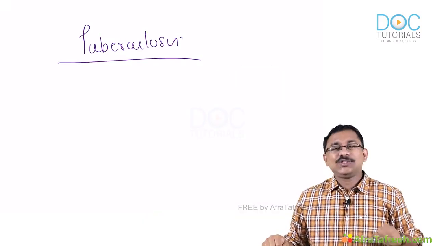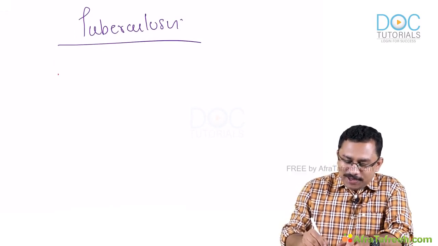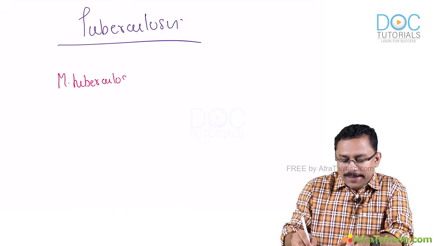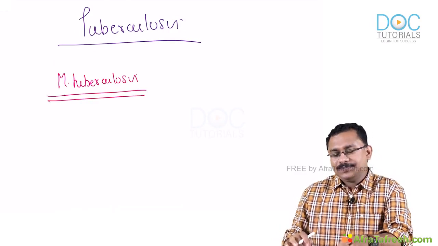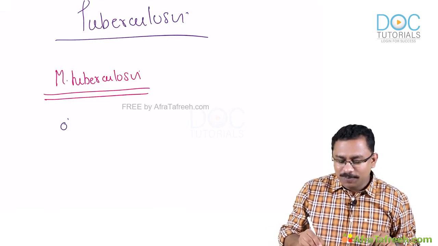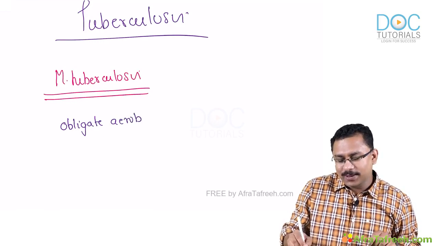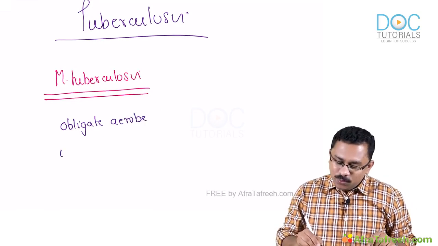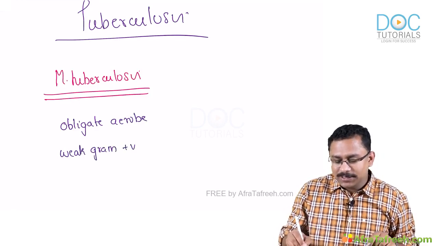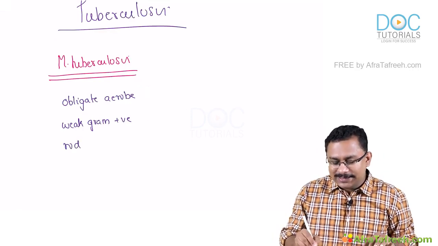So this tuberculosis, as you all know, is caused by the organism Mycobacterium tuberculosis. Just a few properties of this organism. It is an obligate aerobe, and a weak gram-positive, rod-shaped bacillus.